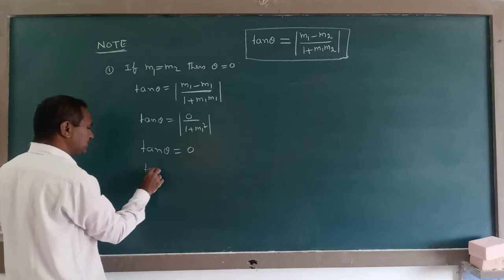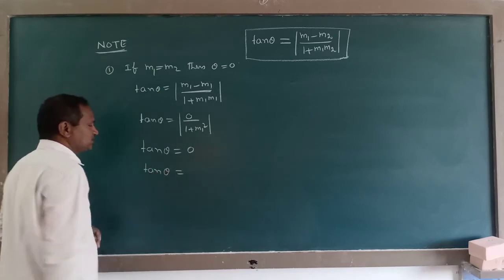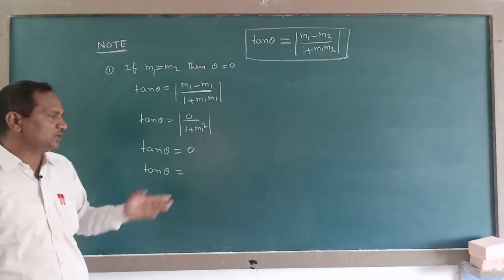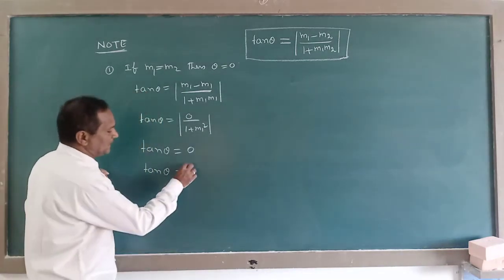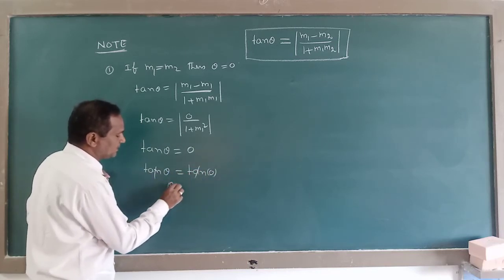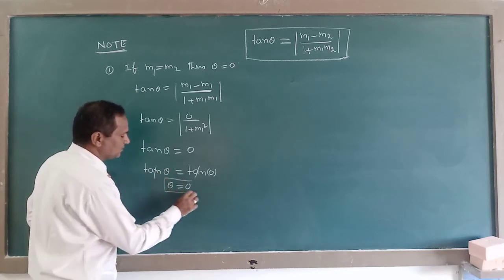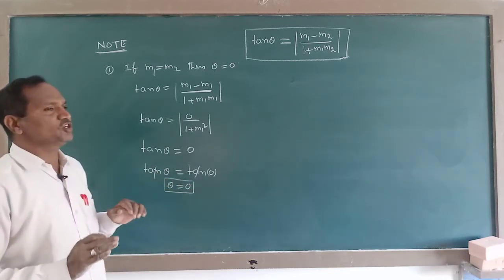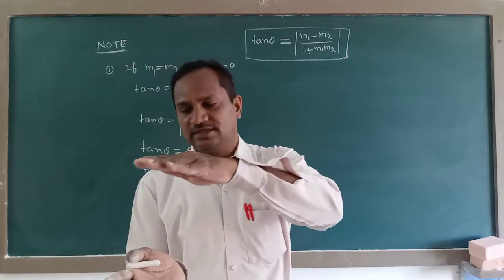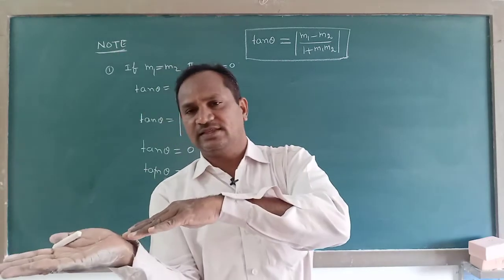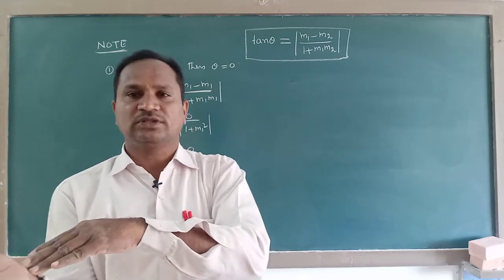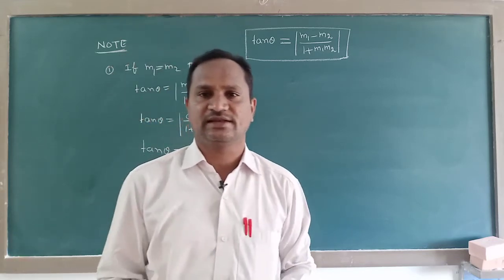Then we compare: tan theta equal to 0 means 0 is the value of tan of which degree? Generally 0 is the value of tan 0 degree. And tan gets cancelled, then theta is equal to 0 degree here. In this case, lines are said to be parallel lines or coincident lines. If lines are like this, then the angle between them is 0. With lines like this also, where one line is included in another line, 0 or 180 will come. In both cases, the value is 0 only.